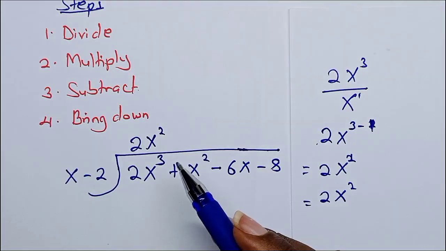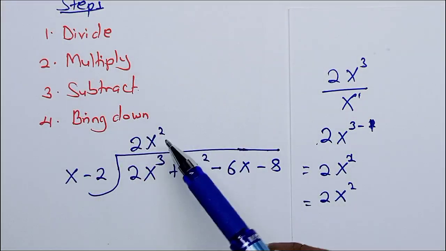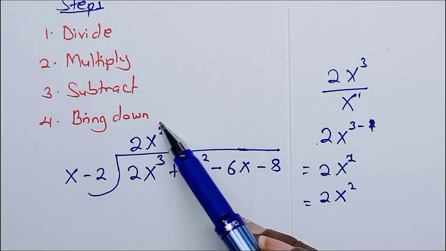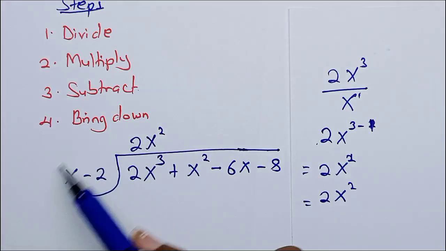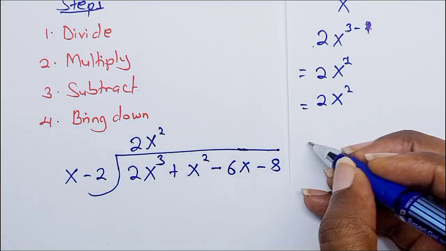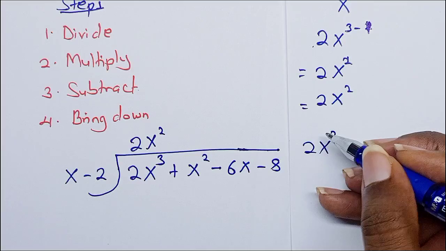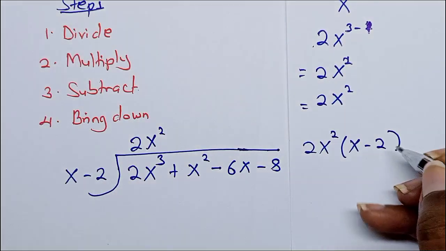So we finished dividing. The next step is to multiply. What do we multiply? You multiply the answer that you have got by the whole divisor. Multiply this times this. So it will be 2x squared times x minus 2.